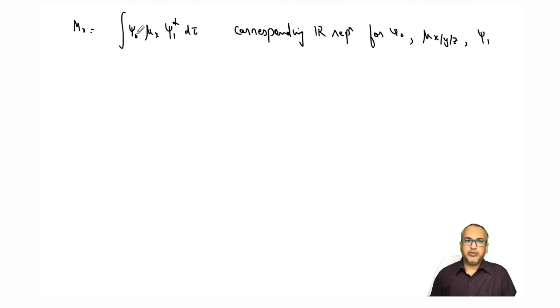So how do I find out the IR representation for psi 0 and psi 1? We have discussed a few examples earlier where it was given to you that psi 0 is this and psi 1 is this. But now let's say we want to know how to identify the IR representation.